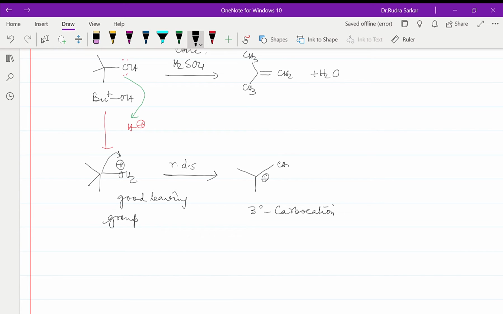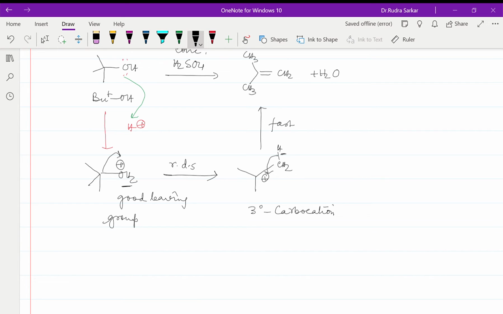So here we have a CH3 unit which will undergo elimination of the H. So here we are undergoing elimination of OH, here we are undergoing elimination of H, and that leads to the formation of the pi bond, and this is the fast step.